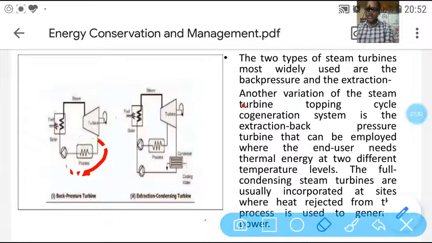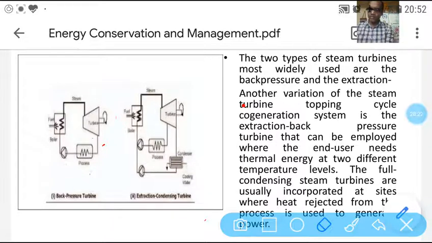So it is mainly used in different industries. In this system we cannot produce electricity in bulk. Some small and medium industries whose ultimate need is process heat can use the process heater along with this suitable turbine, called a back pressure turbine.